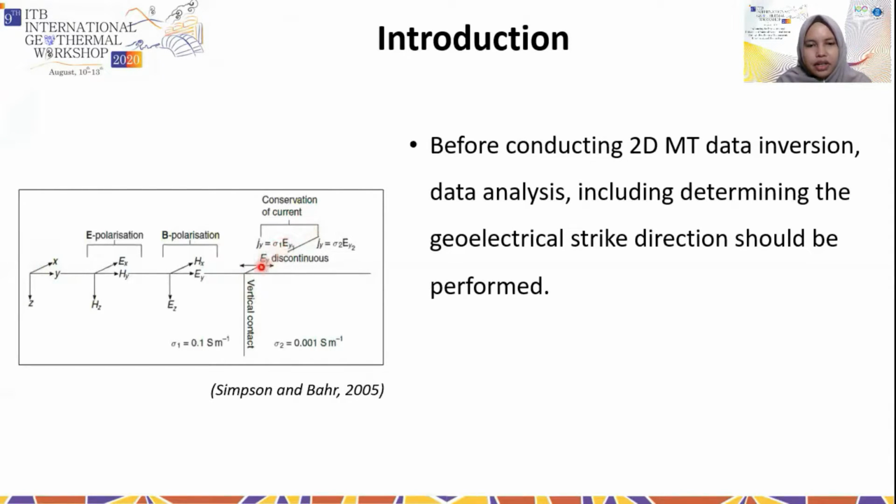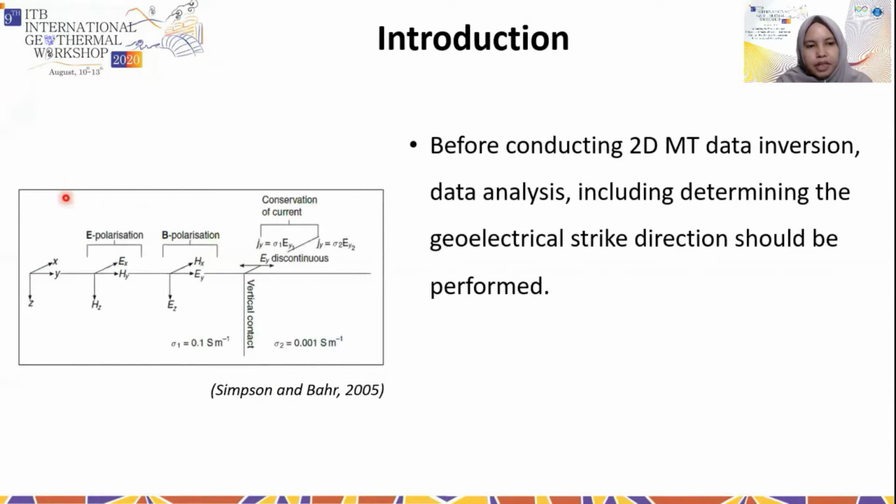And therefore, in 2D MT data inversion, the electromagnetic field can be decoupled into two independent modes by rotating the MT data to the geoelectrical strike. They are E-polarization and B-polarization.